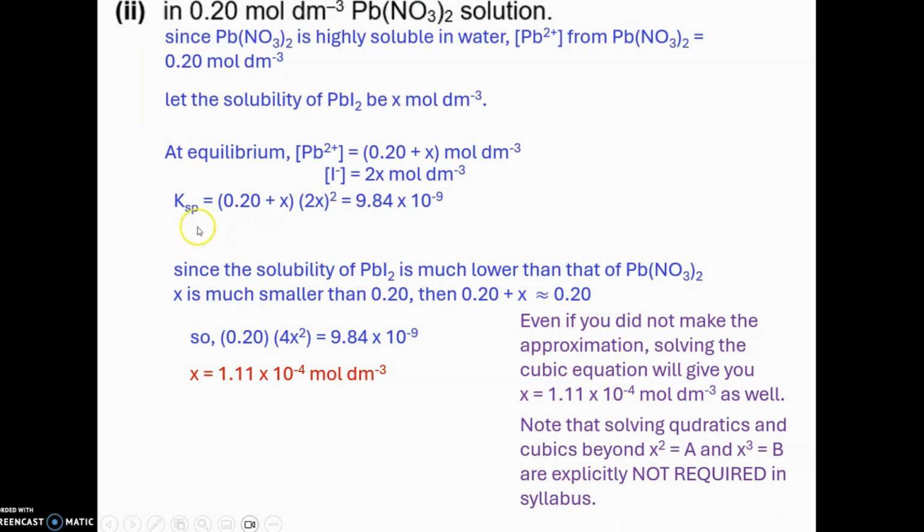And when we do H2 chemistry, there is no need for you to solve quadratic and cubic equations beyond simple ones such as x squared equals a and x cubed equals b.